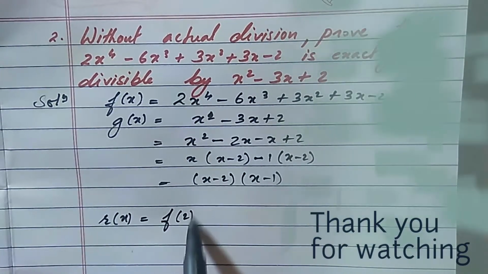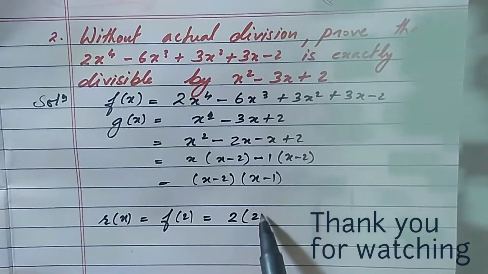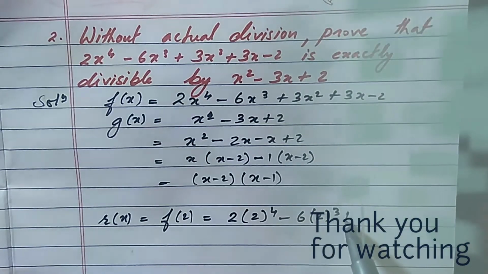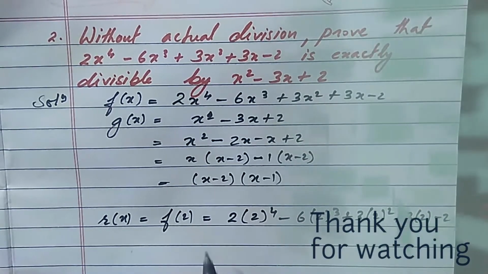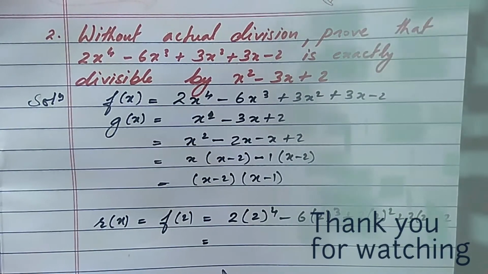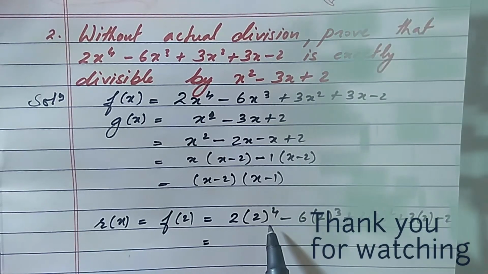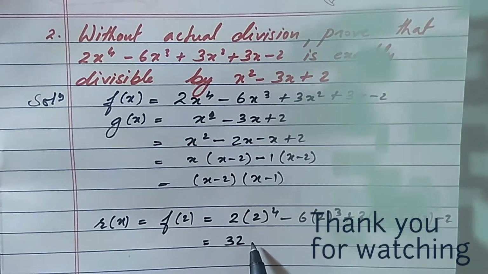f of 2. So what is f of 2? 2 into 2 to the power 4 minus 6 into 2 to the power 3 plus 3 into 2 squared plus 3 into 2 minus 2. Now let us simplify this one. 2 multiplied by 2 to the power 4 will give me 32.